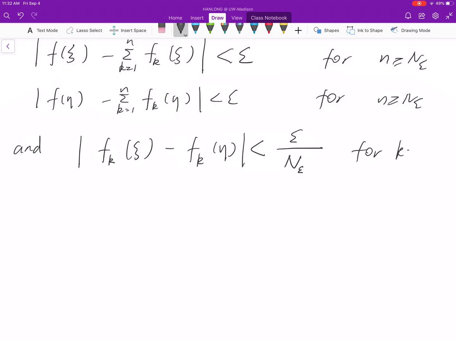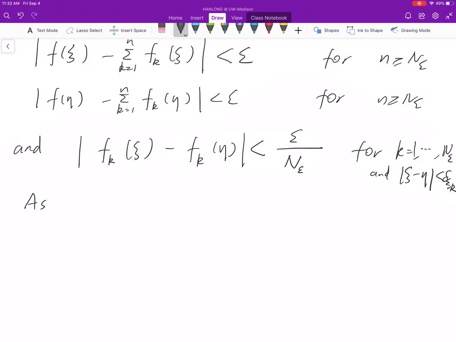So for k from 1 to N epsilon and ξ and η close enough. And combine everything, we have 3 epsilon.